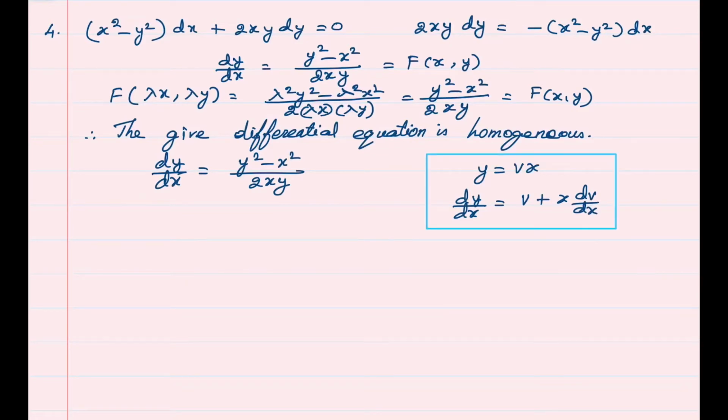Let us substitute: v plus x dv by dx equal to, y is vx, so (v square x square minus x square) upon 2x times vx. We can take x square common.